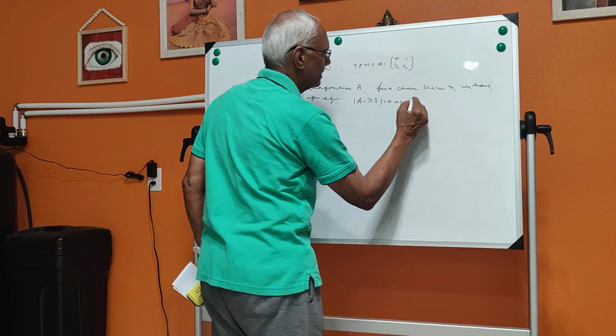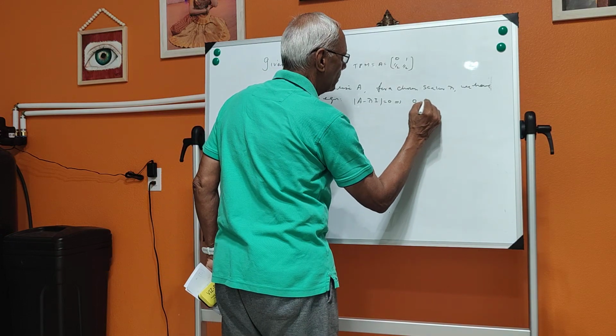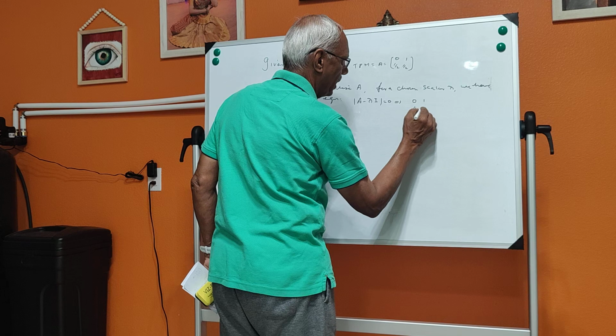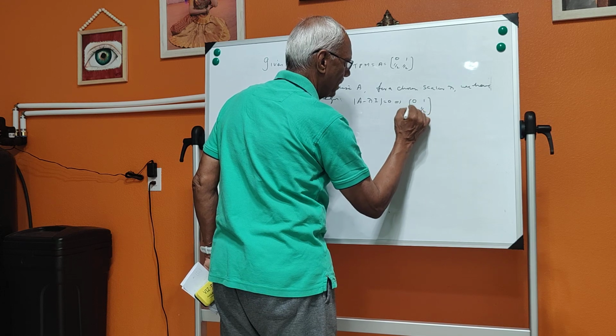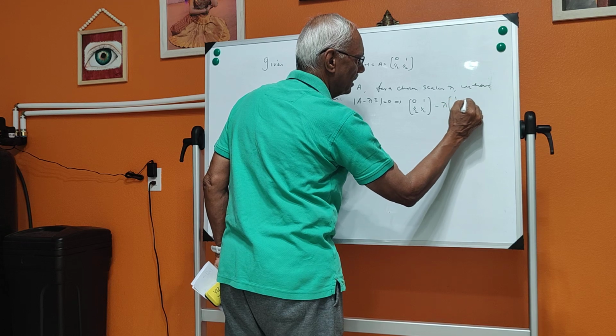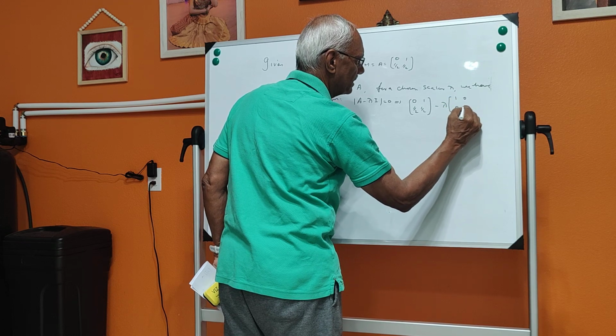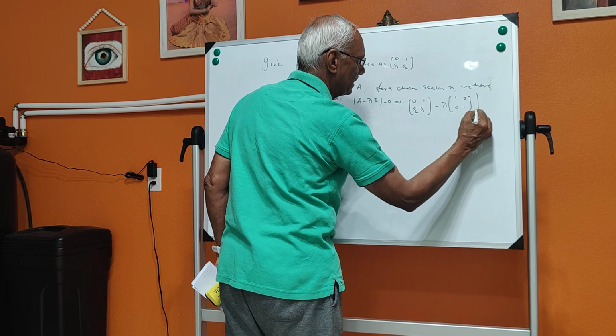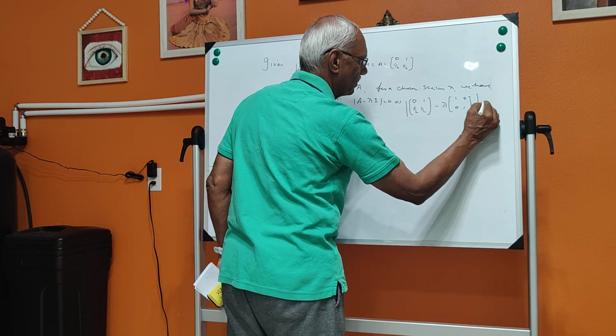This implies the matrix 0, 1, half, half minus lambda into the 2 cross 2 unit matrix is equal to 0.